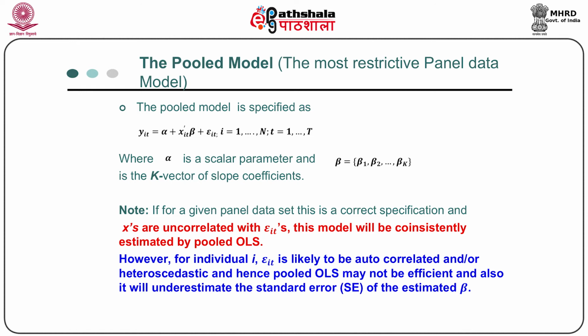If for a given panel data set this is the correct specification and the x's are uncorrelated with epsilon_it, the model will be consistently estimated by OLS. However, for individual i, epsilon_it is likely to be autocorrelated and or heteroscedastic, and hence pooled OLS may not be the efficient method and also it will underestimate the standard error of the estimated beta.